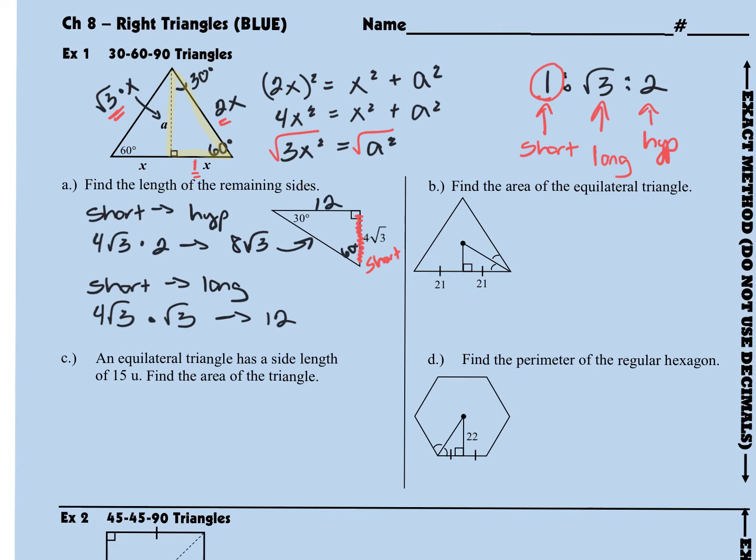Now, the last one we're going to look at is a little bit more complicated, and we're going to find the area of this equilateral triangle. To find the area of an equilateral or any triangle, we want to do 1/2 base times height.